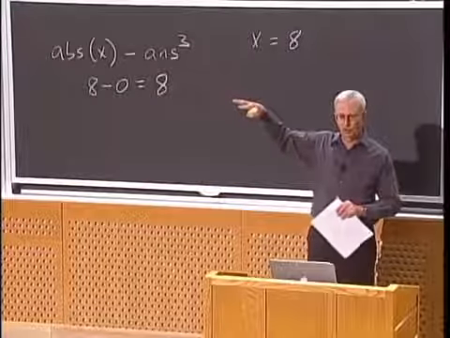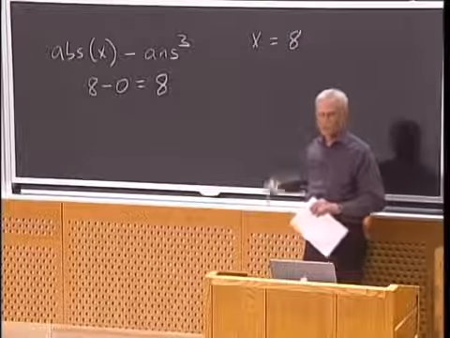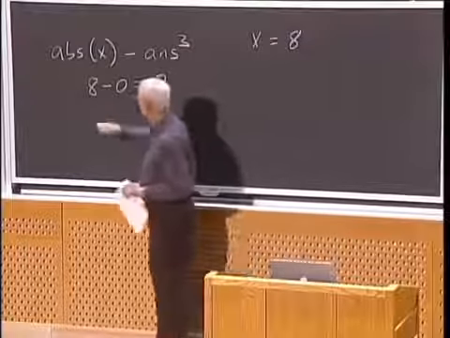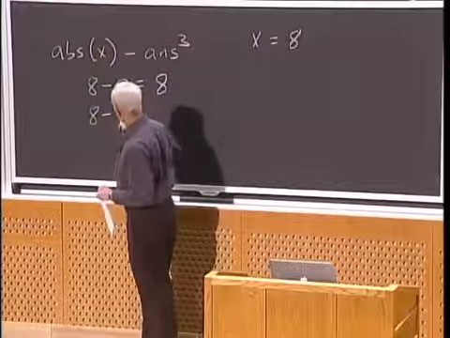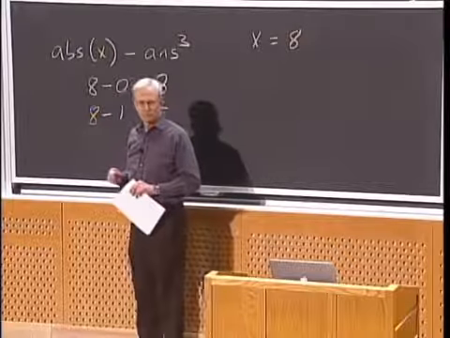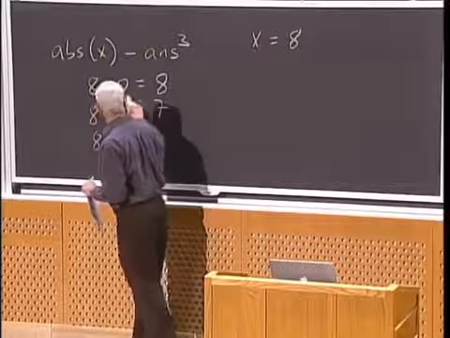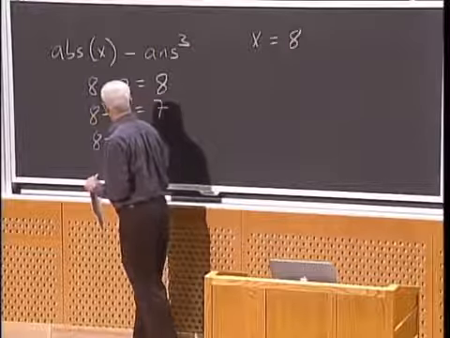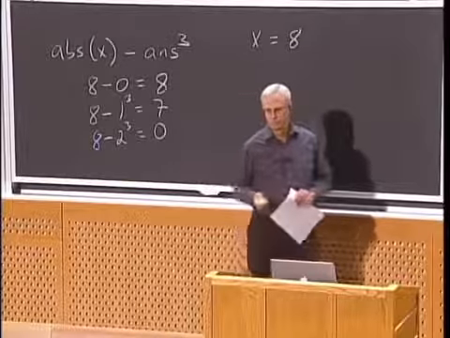So I know that answer cubed will always be positive, right? So I know that every time through the loop, it will decrease. The first time through, it will be 8 minus 1 cubed, which is 7. And the next time through, it will be 8 minus 2 cubed, which is 0. And then I exit the loop.